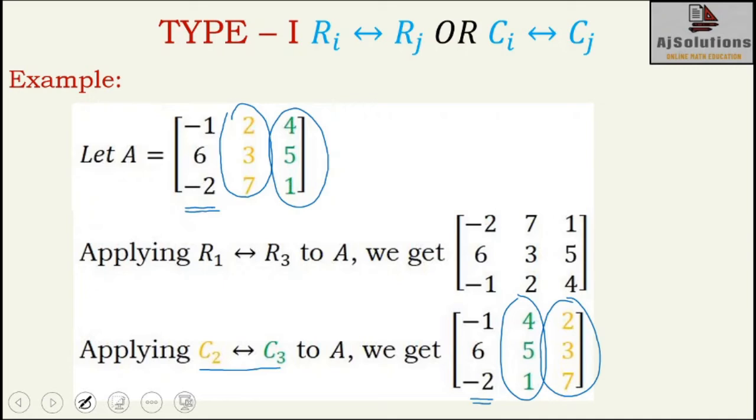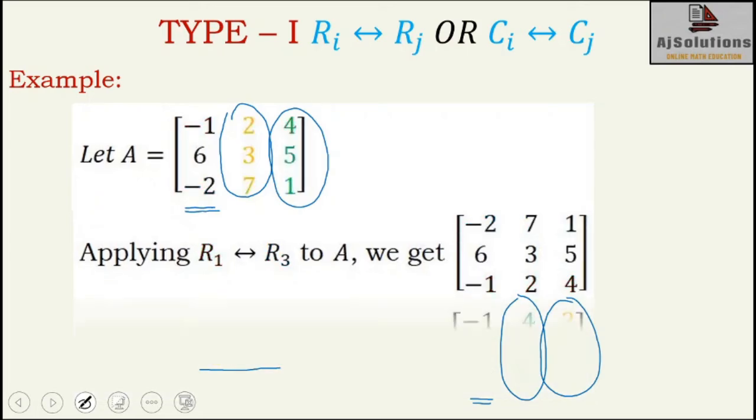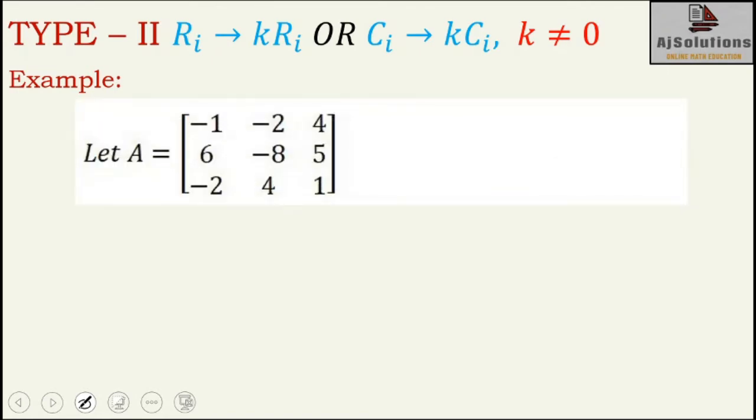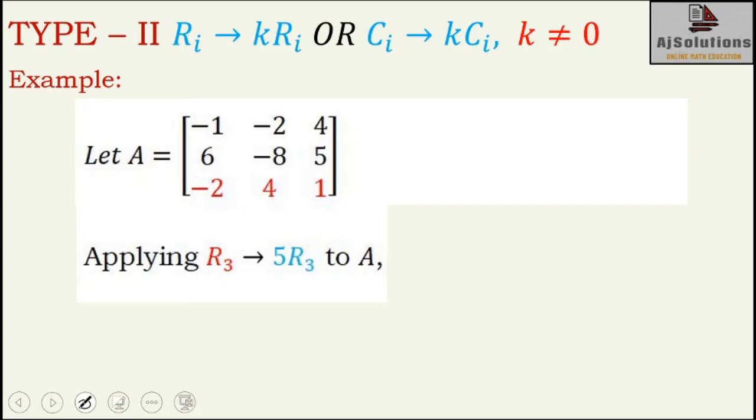So now let's see example of type 2 transformation. So here we have a matrix A, and I have to apply transformation R3 replaced by 5 times R3. To do that, we have to multiply third row by 5. Here is our third row, and if I multiply it by 5, this minus 2 will become minus 10.